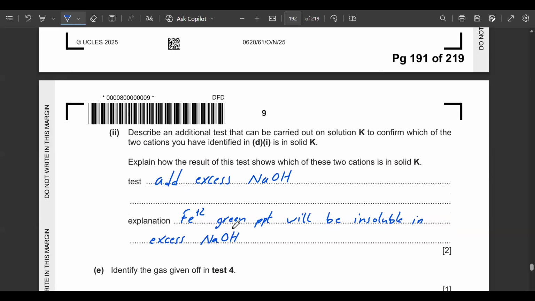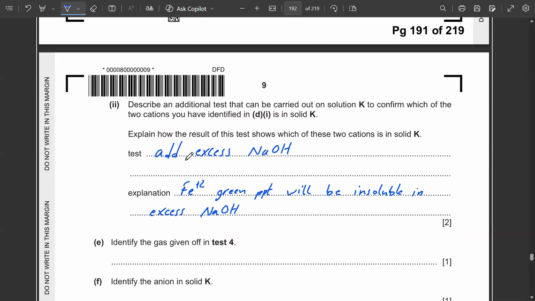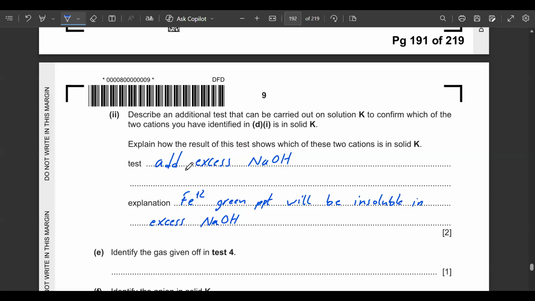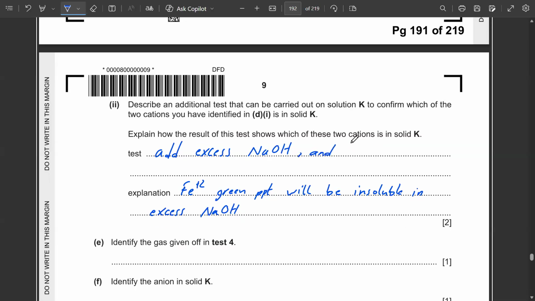So this is how you can tell, or the other way is that you can add sodium hydroxide and leave to stand. This part will be linked with its observation that it will change its color.